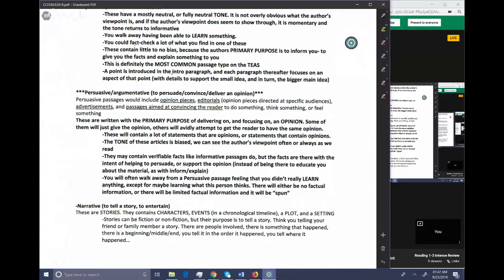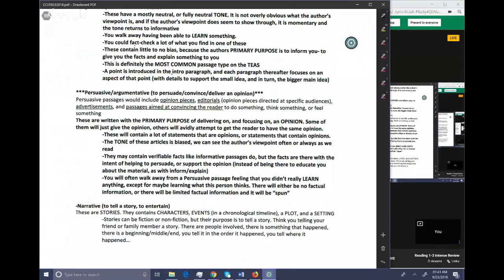When you're thinking about passage type, you should say the phrase primary purpose constantly. Primary purpose: to deliver an opinion, to persuade someone, to convince someone. If your primary purpose is any of those things, including just giving your opinion, that is a persuasive.